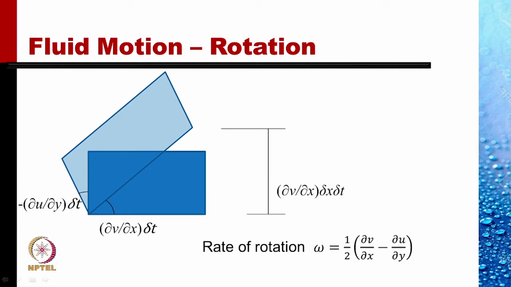Those of you who are familiar with vector calculus would recognize that delta v by delta x minus delta u by delta y is nothing but curl of velocity, del cross v vector. So the rate of rotation omega z is 1/2 of the curl of velocity. We will be using this fact later.